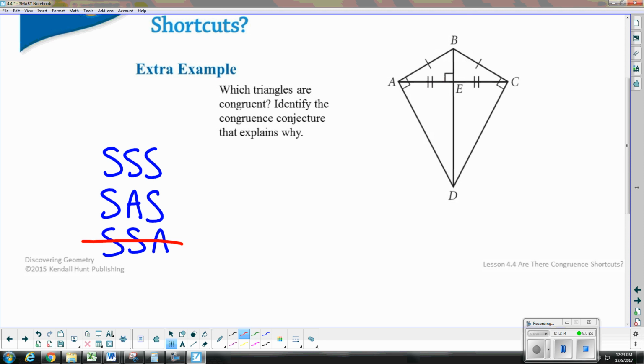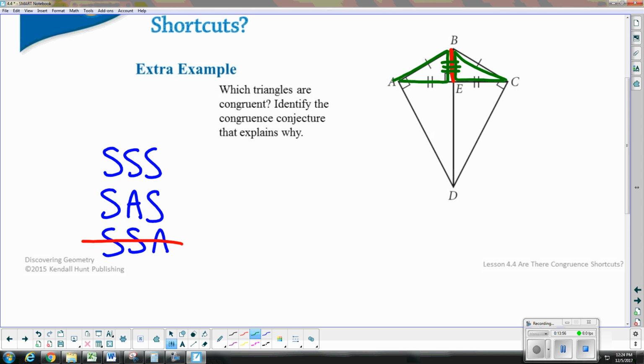So in this extra example, which again is on your note sheet, we want to find out which triangles are congruent, and then identify the congruence conjecture that explains why. Well, in this first diagram, and again, we can mark what we know, but anytime in a diagram you have a shared side, like side BE is in triangle ABE, and it's also in triangle CBE, that's kind of a given that that side is congruent.